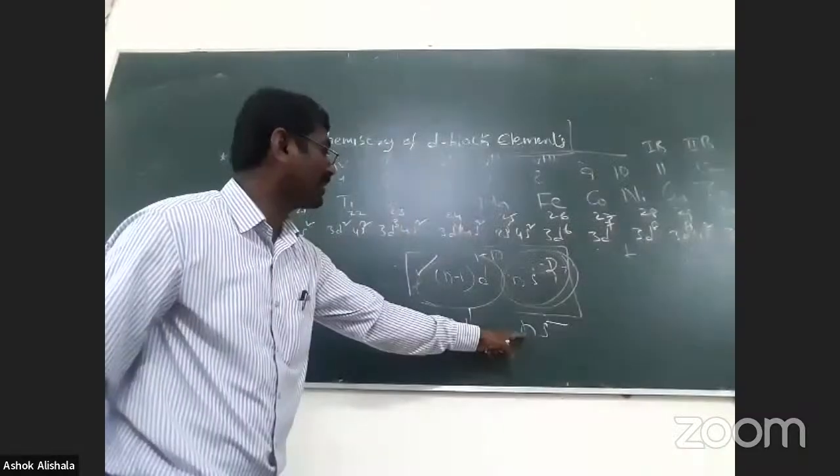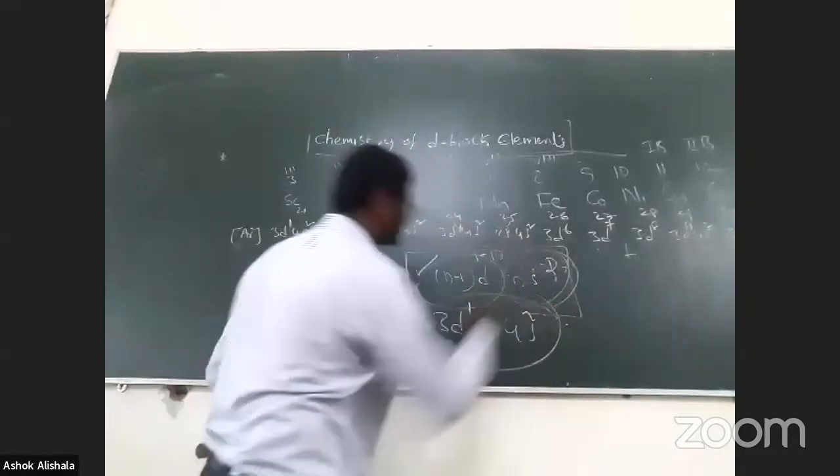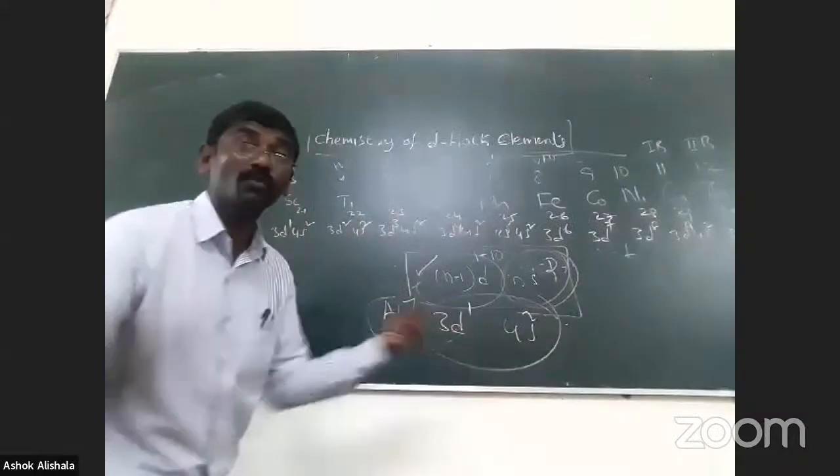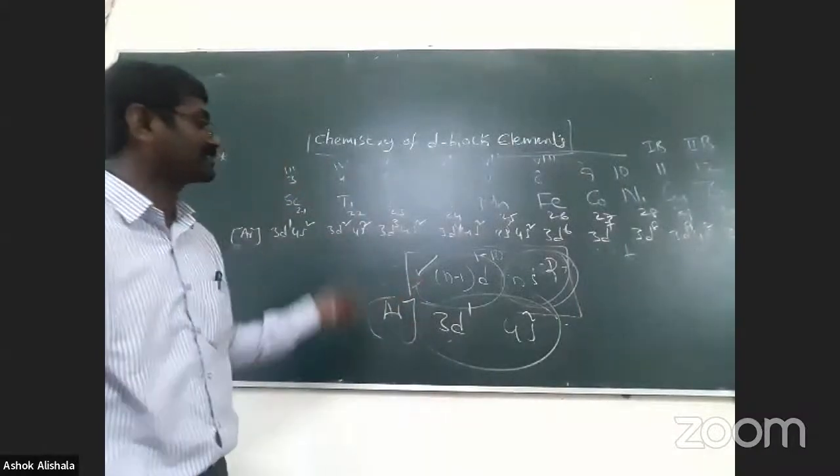Here, 2 electrons from s and 1 from d. What is the oxidation state? For example, whose electronic configuration is this one, 4s2 3d1? Scandium. So what is the expected oxidation state for scandium?